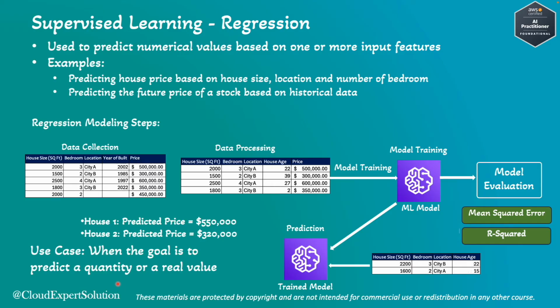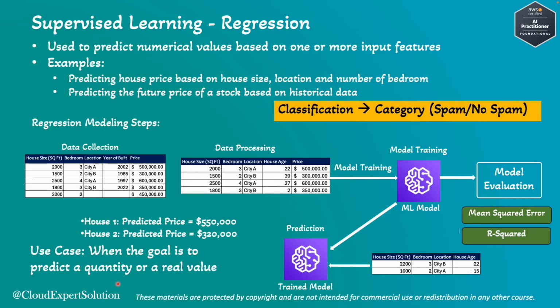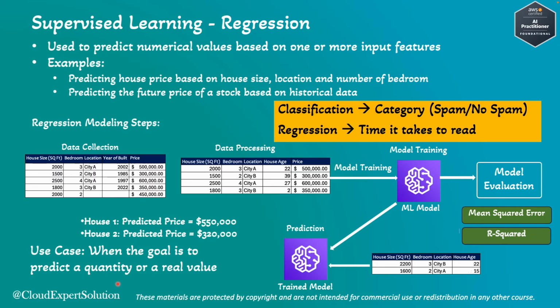Now, if we relate both regression and classification, in both models the data is trained on labeled data to make the prediction. For email spam, in the previous example, we determined the category of the email, that is, whether it is spam or not spam. But when it comes to regression, maybe we can predict the length or the time it takes to read.